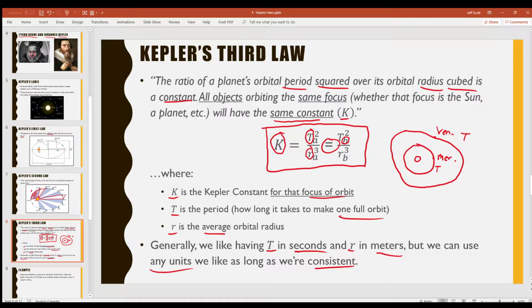In other words, if you said for your capital T, if you said that was in days on the left side of your equation, you got to make sure it's in days on the right side of your equation. Or if R was, I don't know, kilometers, then you got to make sure it's in kilometers on the right side of the equation as well. So as long as you're being consistent, you can use whatever units you like. You just have to keep the left side and the right side the same.